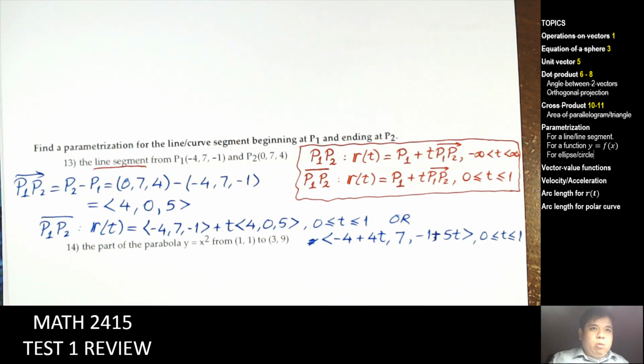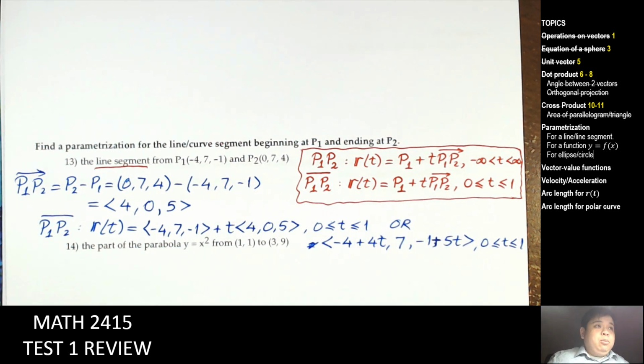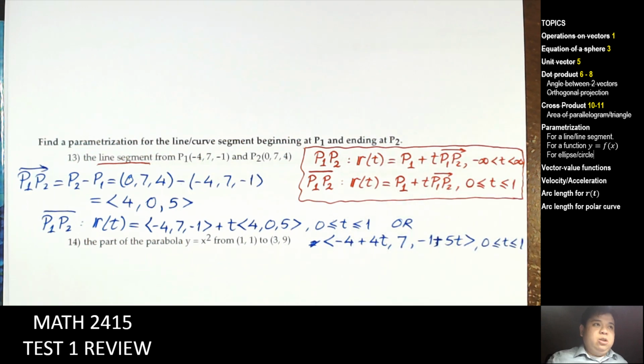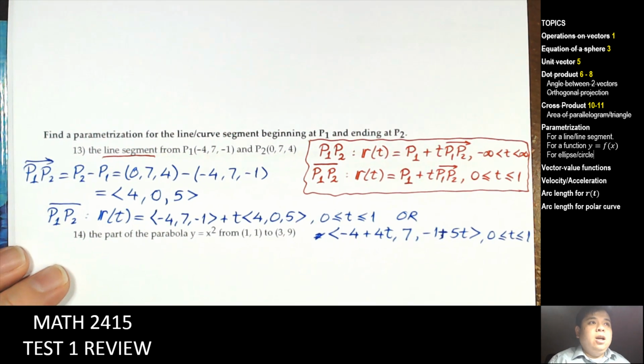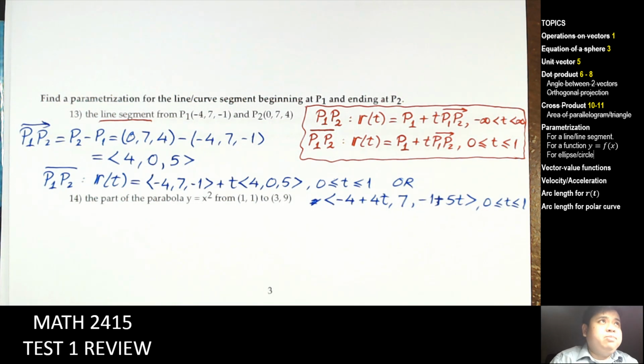So that is the parameterization of the line segment from 0 to 1. If we want the whole line, then we say T goes from negative infinity to infinity. Right, so that is the parameterization of a line or line segment.